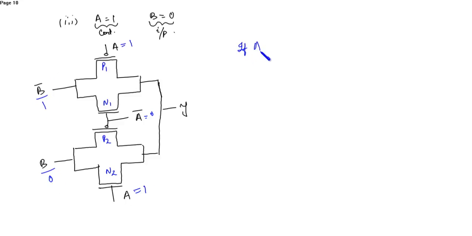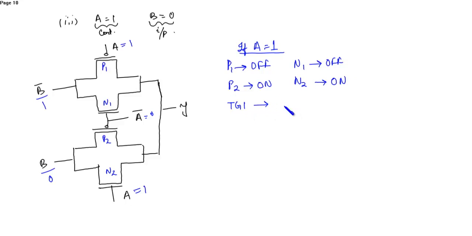So if A is 1, then P1 will be deactivated. It's off. Here A bar is 0, so N1 is off. Since A bar is 0, P2 will turn on and N2 will turn on.